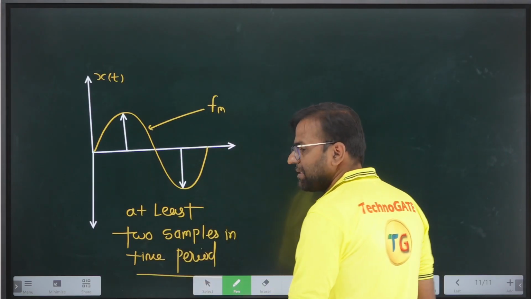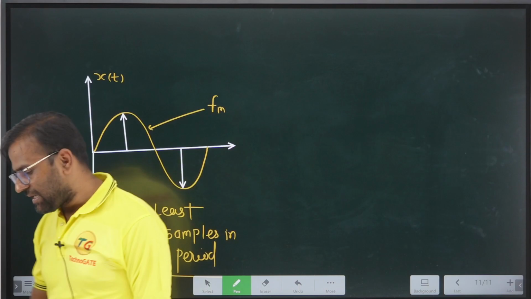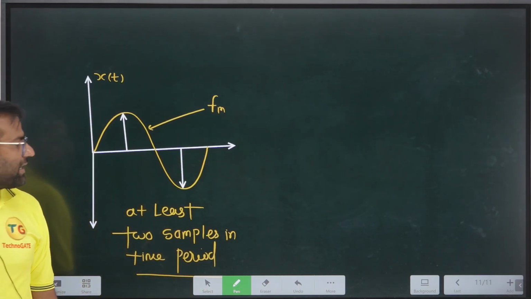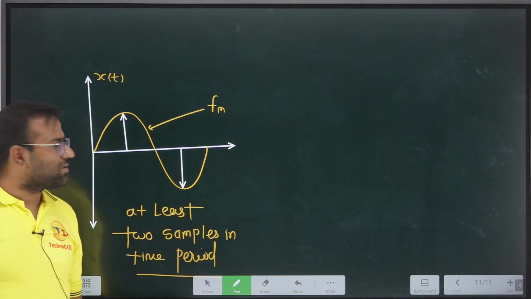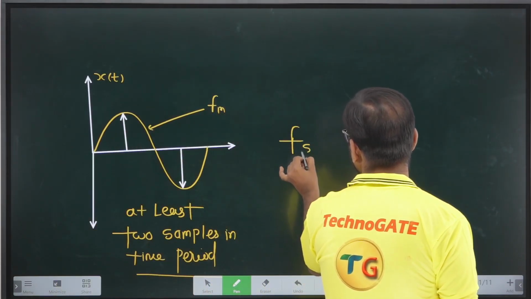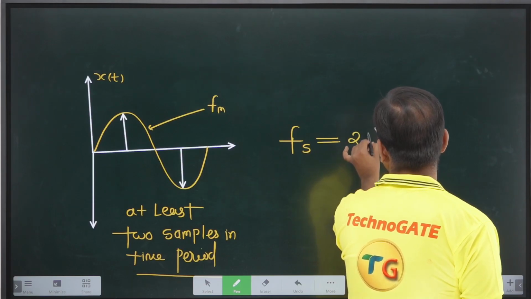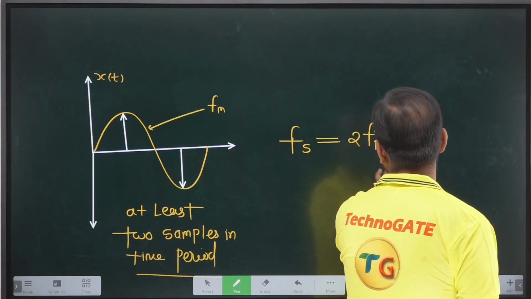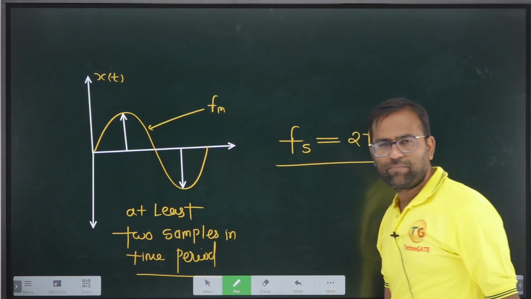This is known as the sampling criteria, or Nyquist criteria, that the value of fs should be at least twice fm.